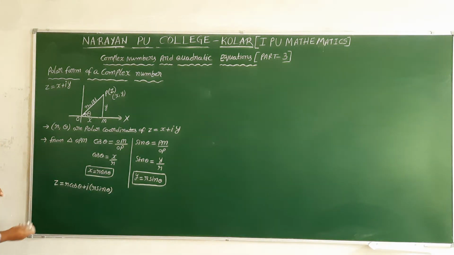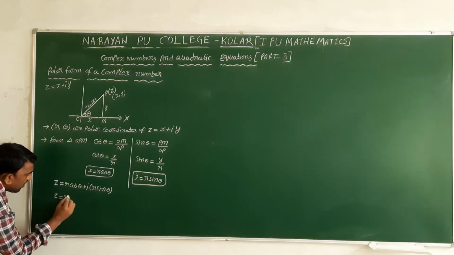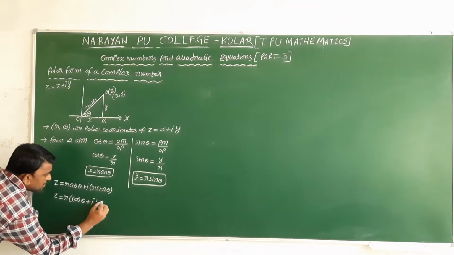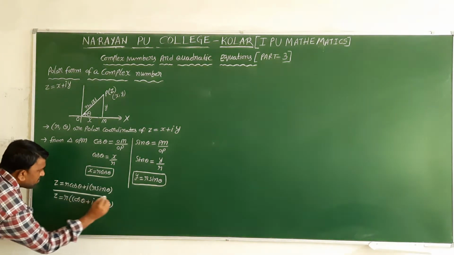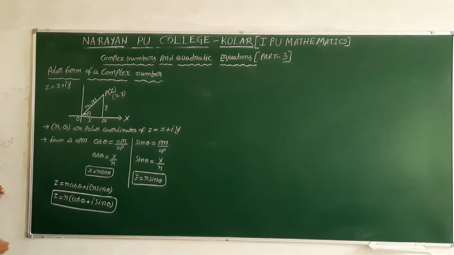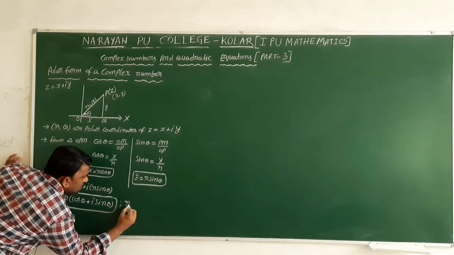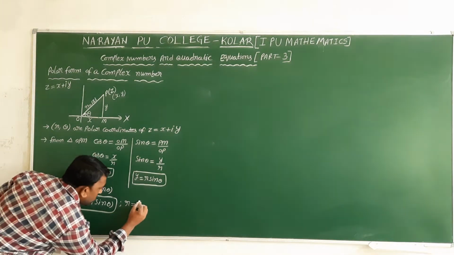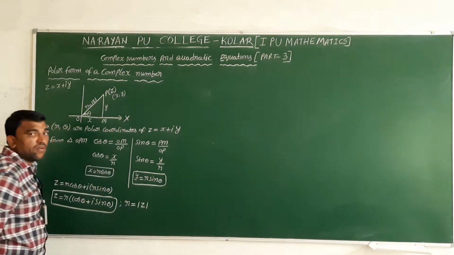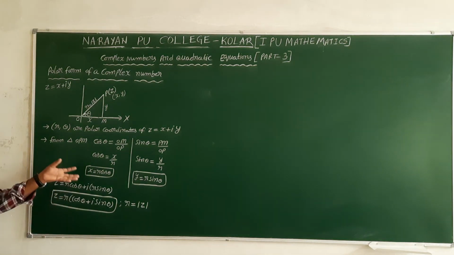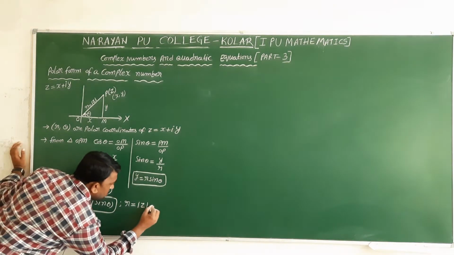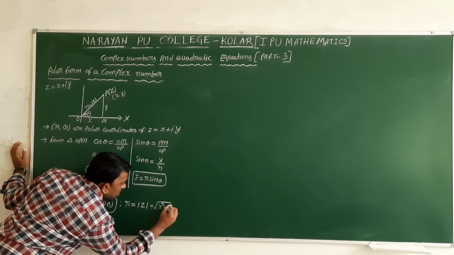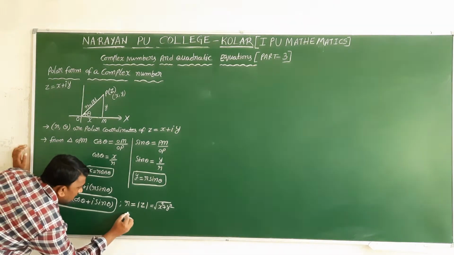In that, which one can we take common? r we can take common. z equals r into cos theta plus i sin theta, where r is the modulus of the given complex number. r equals modulus z, which equals square root of x square plus y square.